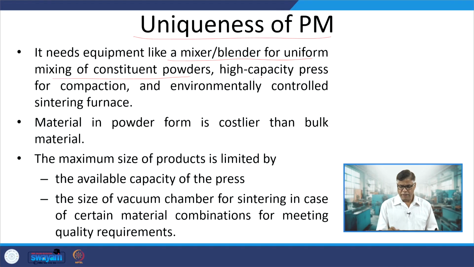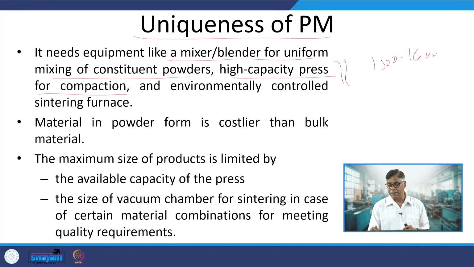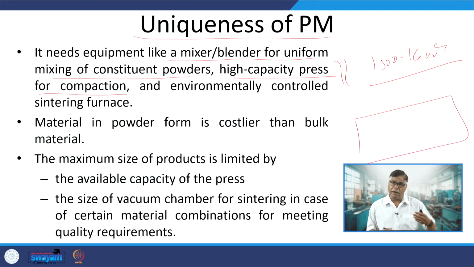Second, it uses a high capacity press for compaction, which usually limits the maximum size of the component to be made, because the pressure requirement is very high, as high as say 1500 to 1600 MPa. So, to make very large size components, we need much higher capacity presses. So, availability of a high capacity press may limit the maximum size of the component that can be made.